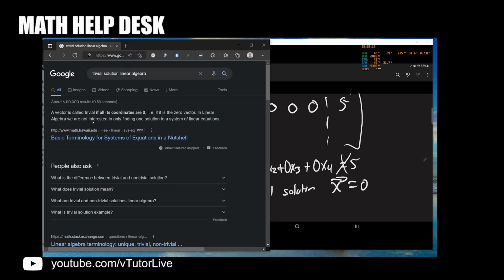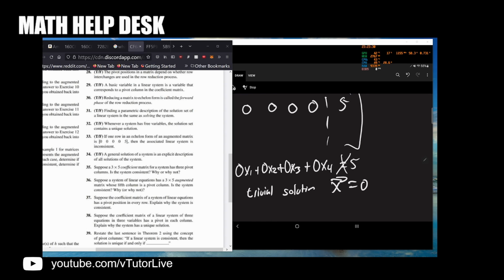And in linear algebra, we're typically interested in finding non-trivial solutions. Big picture wise, remember in regular algebra we're trying to find the zeros, things that map to zero.